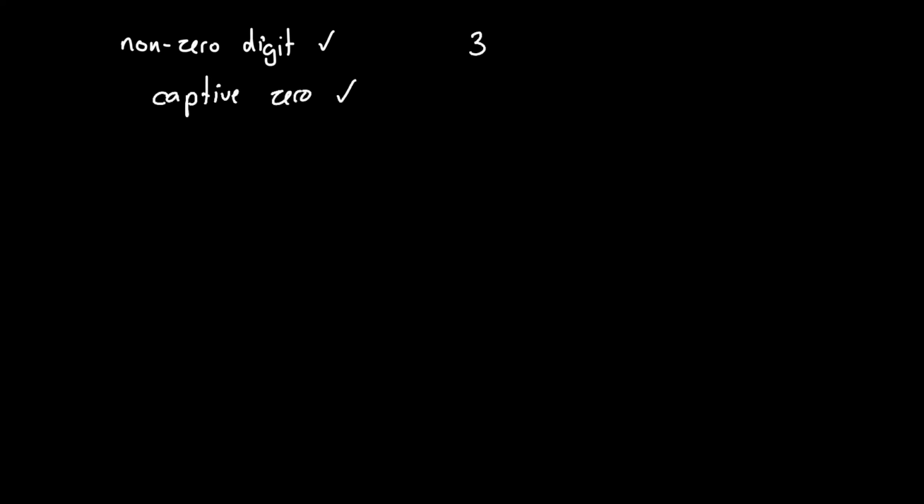So, for example, a number like 382 ampere would have 3 significant figures, whereas a number like 302 kilograms would also have 3 significant figures because that zero is held captive between 2 non-zero digits, and so that makes it significant according to our rules.